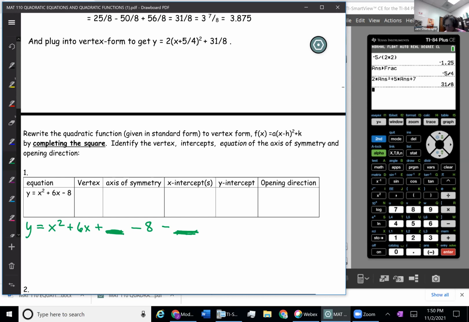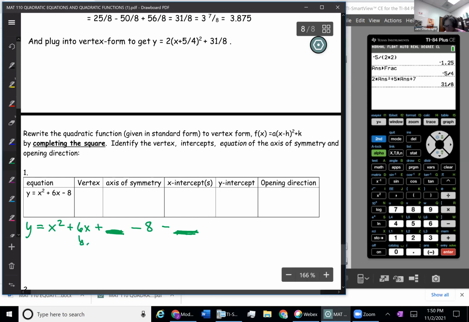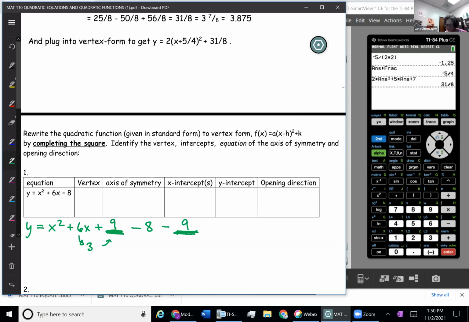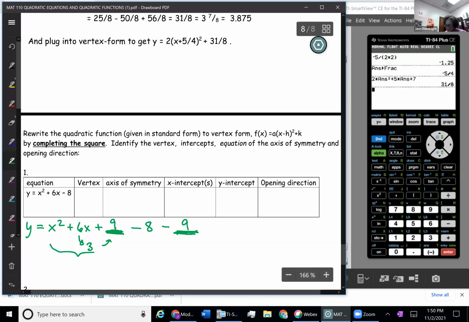So what do we add? We take half of 6 squared. So I'm adding 9 and subtracting 9 on the same side, because then this trinomial factors x plus 3 times x plus 3, and these two numbers here combine to give you minus 17, which is going to be the vertical shift or the y-coordinate of the vertex.